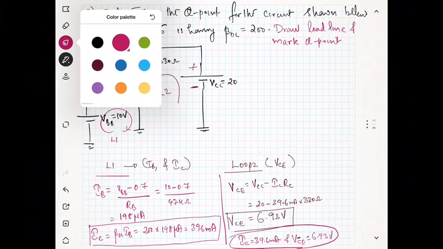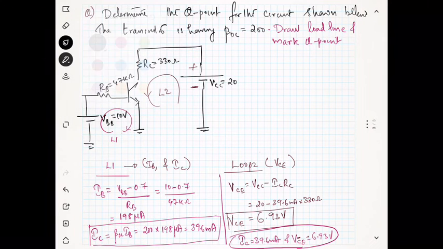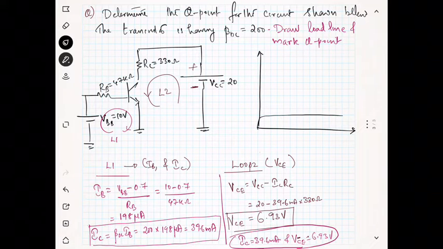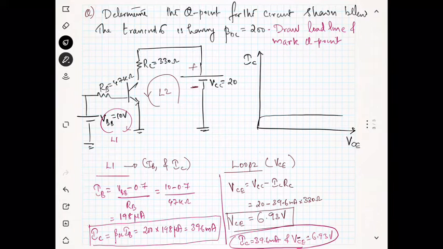Now we will draw the curve. First of all, I will draw the characteristics curve for the transistor alone. So this is for the transistor. You know, the x-axis is VCE and the y-axis is IC. So this is the characteristic curve of the transistor.